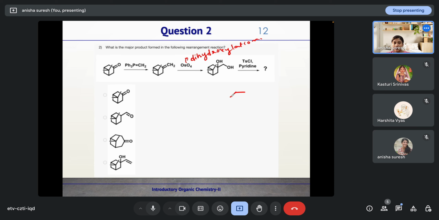Here OH, OTs. This will be undergoing rearrangement.